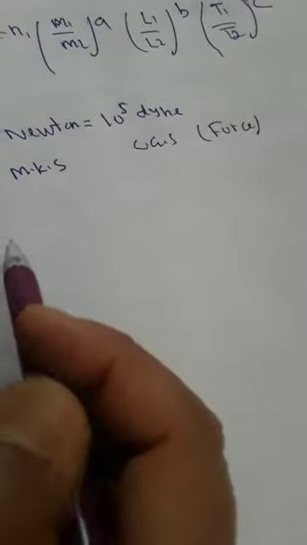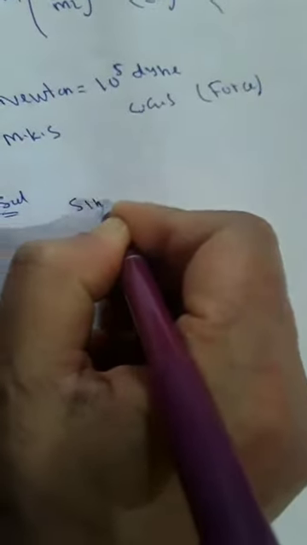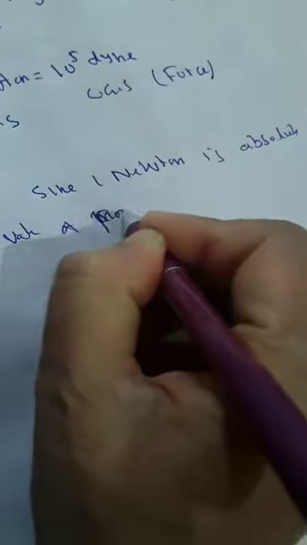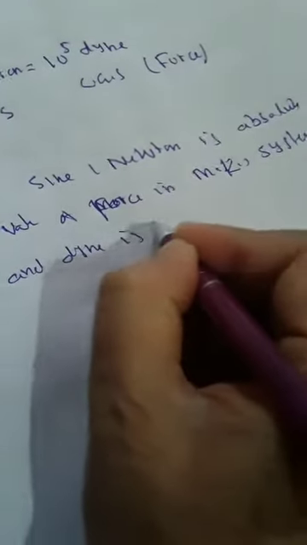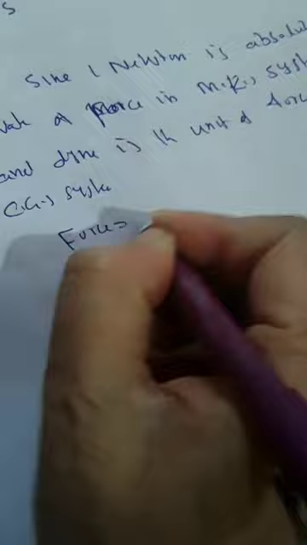When we write the solution: since 1 Newton is the absolute value of force in the MKS system, and dyne is the unit of force in the CGS system. Force is equal to what? We know that it is mass into acceleration.